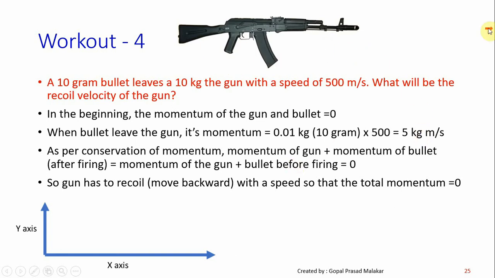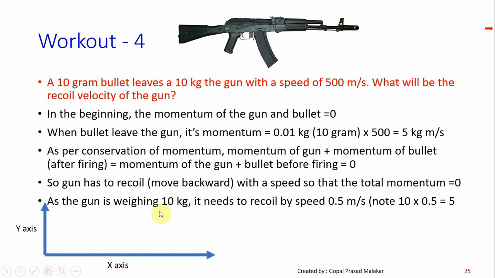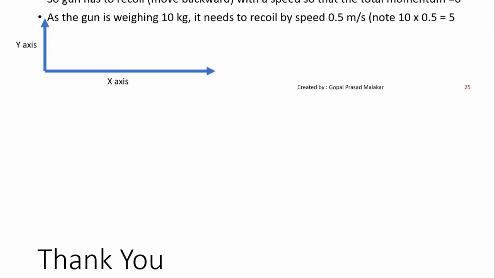The momentum of the bullet in this direction is 5 kg meter per second. So the 10 kg gun has to move backward in such a way that its momentum is again 5 kg meter per second, because that's what will cancel out. Whatever is in this direction, the same is in the opposite direction, and that's how the sum of the momentum will again become 0. As the gun is weighing 10 kg, it has to recoil with a speed of 0.5 meter per second, because 10 into 0.5 will give you again 5, and that's what brings the law of conservation of momentum into the picture. I hope it became quite clear to you.